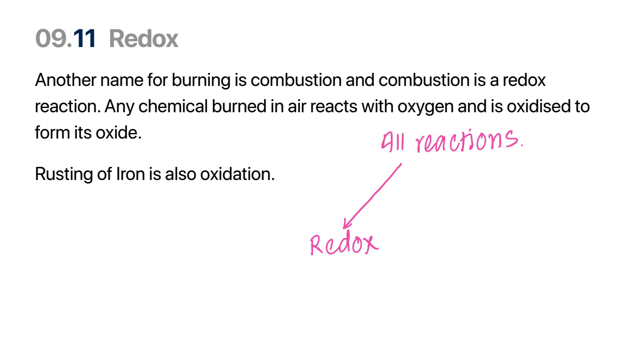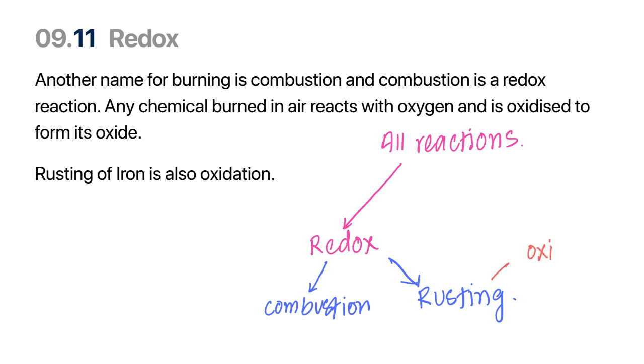A subcategory, or further classification, is combustion. Combustions are considered redox reactions, like the slide is saying. The process of rusting is also considered a redox reaction. Rusting is also known, in more technical terms, as oxidation, quite literally. And it's still a redox reaction.